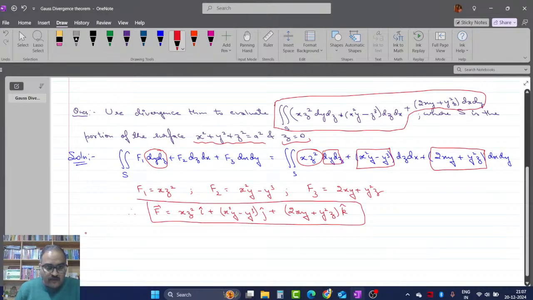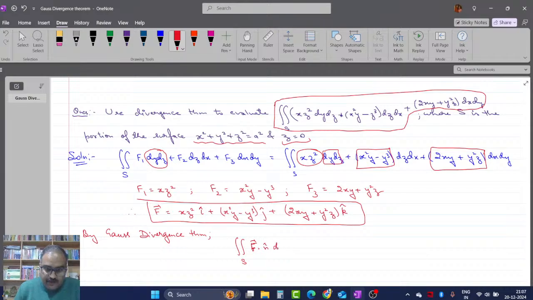Now by Gauss divergence theorem, we know that the surface integral over S of F vector dot n cap into dS will always be equal to the volume integral of divergence of F vector into dV. So now I need to solve this part.